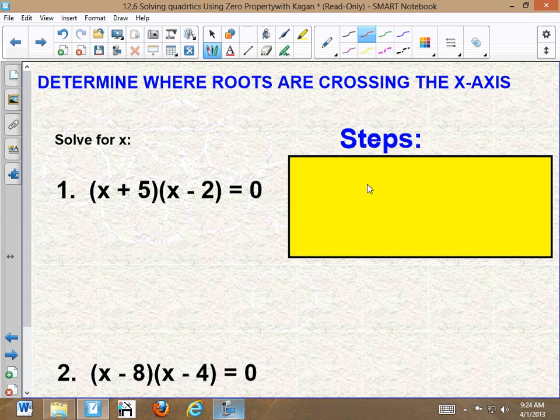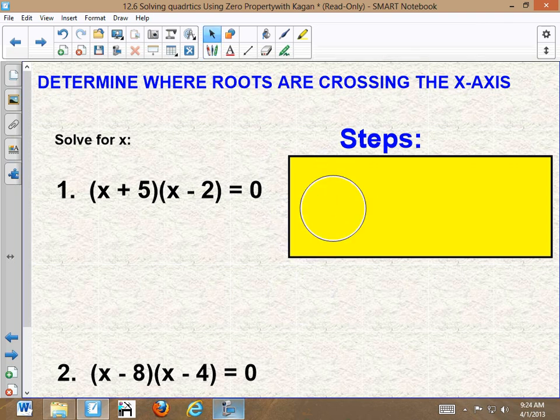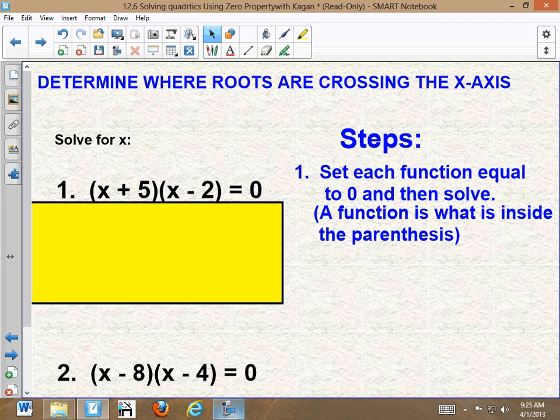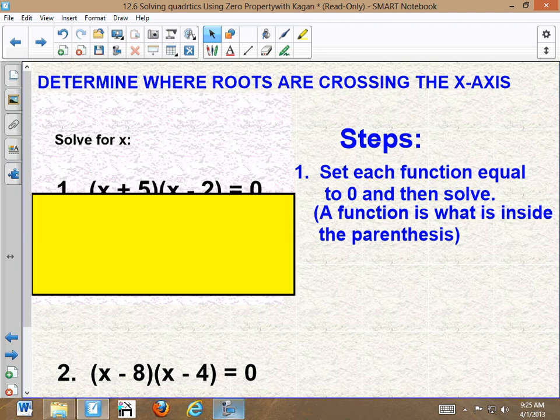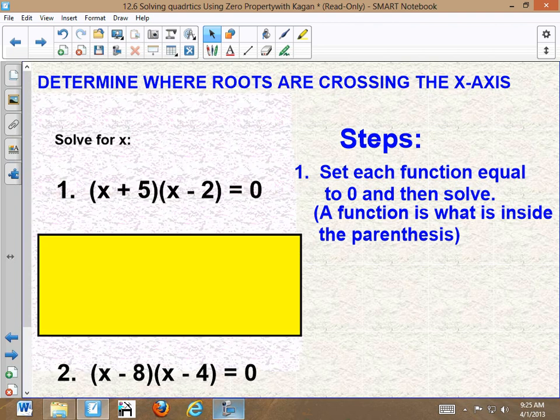So, steps. Number 1. Set each function equal to 0, then solve. A function is what's inside the parentheses. All right?